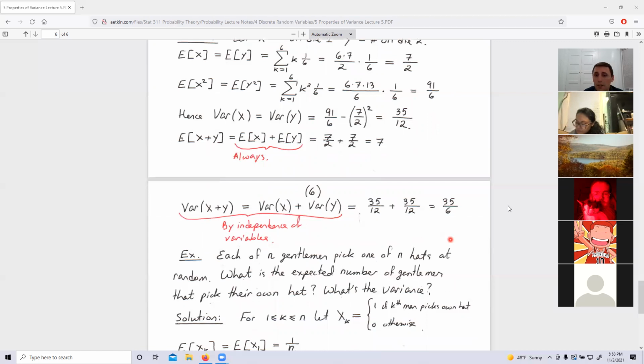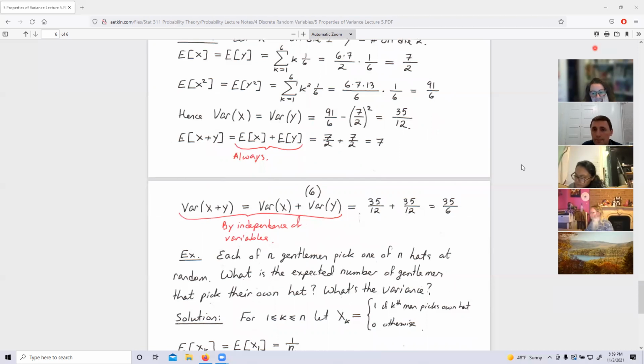Here is a harder question. Remember the matching problem, guys. Yes, the gentlemen and their hats again. Now, what do you think is going to happen here? I want to calculate the variance for those gentlemen.